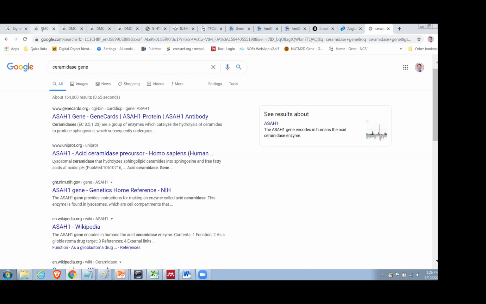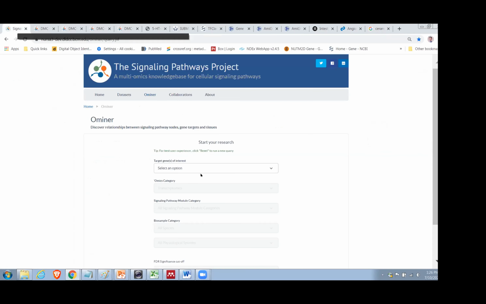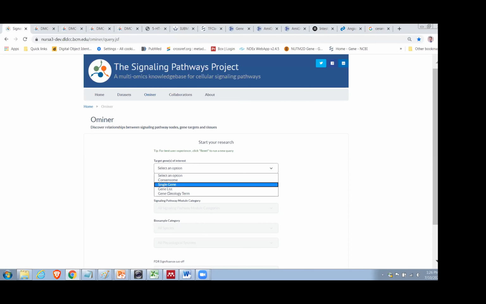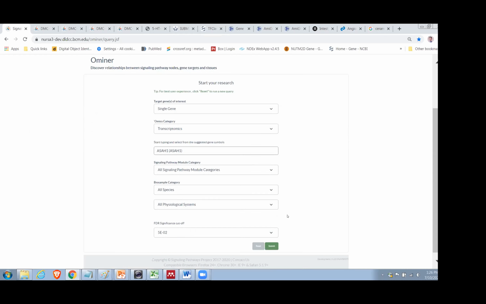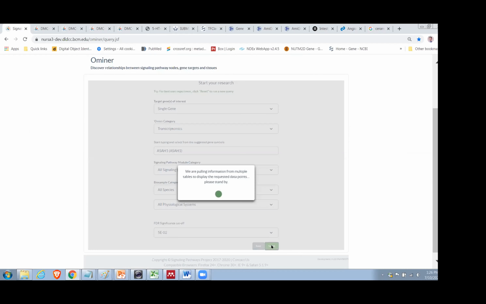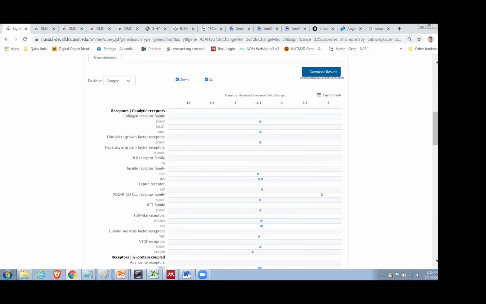And so if I run a search within SPP for ASAH1, what I will get back is, as we discussed earlier, information on nodes, but also models within which ASAH1 is actually regulated.